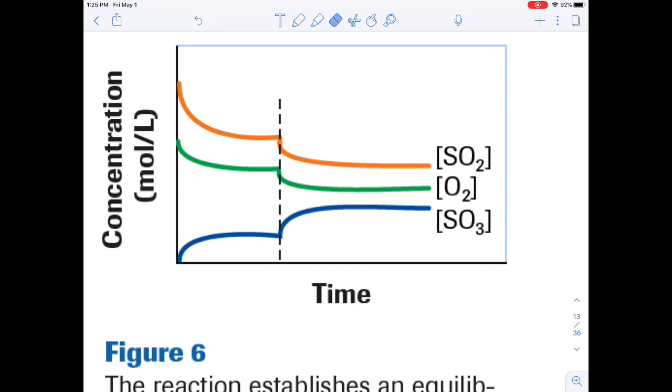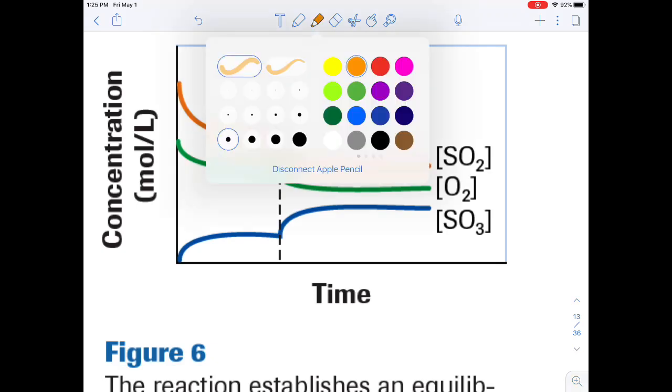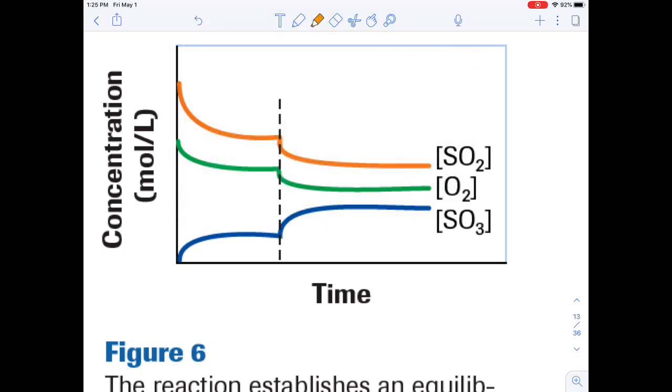But in a heating situation, we're not actually adding a chemical. Instead, we're changing the temperature. So not one of these chemicals at equilibrium changes suddenly. There isn't a sudden vertical line in our diagram. Instead, what we're going to see is the reactants and products doing opposite things.